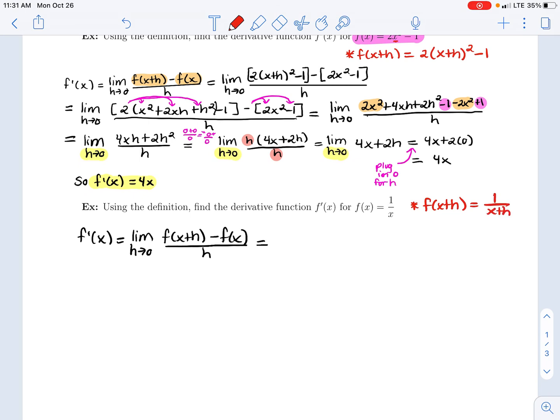Okay, because again, the function tells me that I take whatever my input is and I do 1 over my input. So here when I do f of x plus h, I just have 1 over x plus h. And the other way you might have heard of it is wherever you see x, you want to replace it with x plus h from the original function.